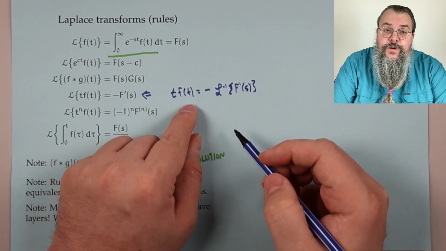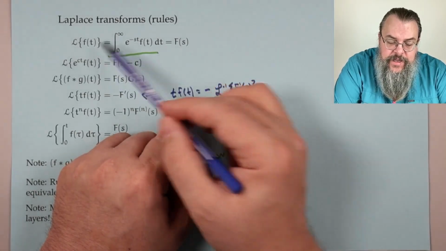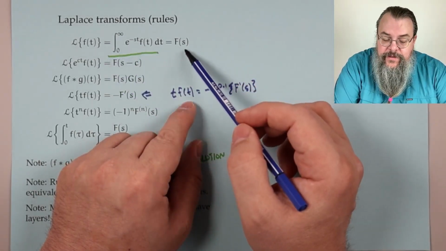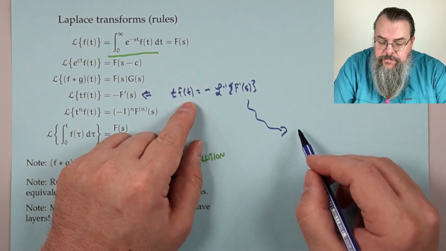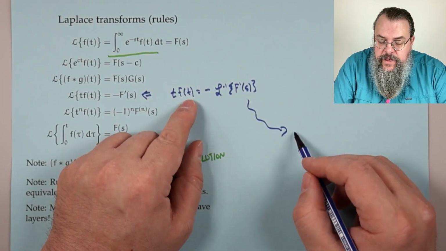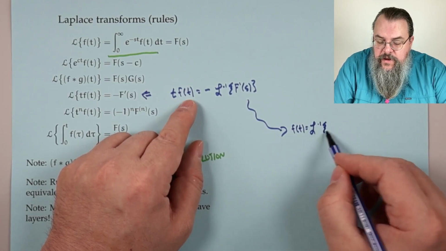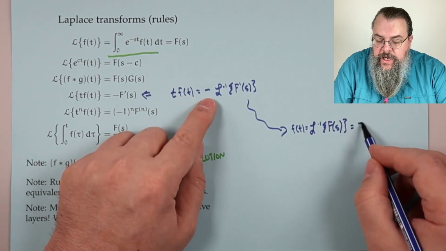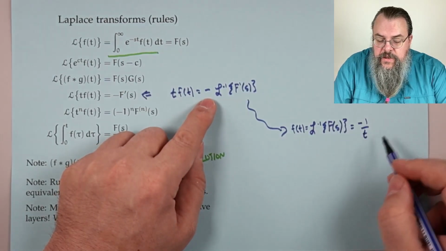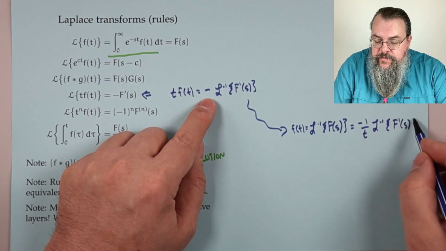But now f of t is really the inverse Laplace of f of s. And so we can solve, and we get the following: f of t, which is the inverse Laplace of f of s, is minus 1 over t, inverse Laplace of f prime of s.